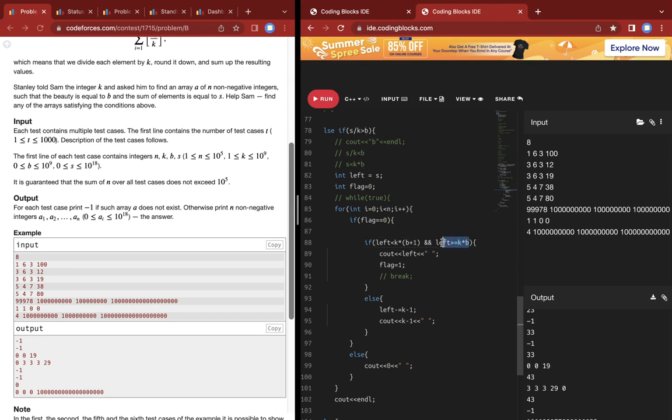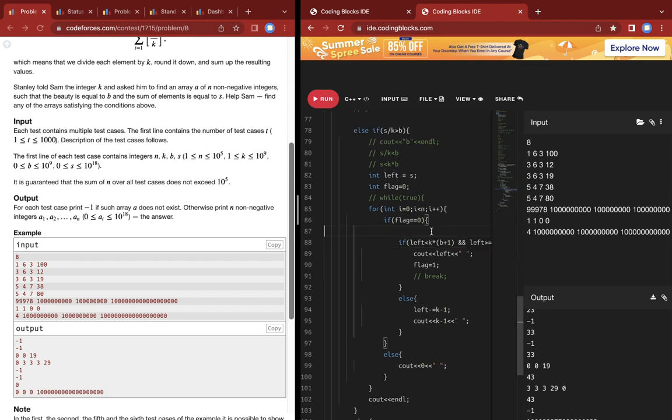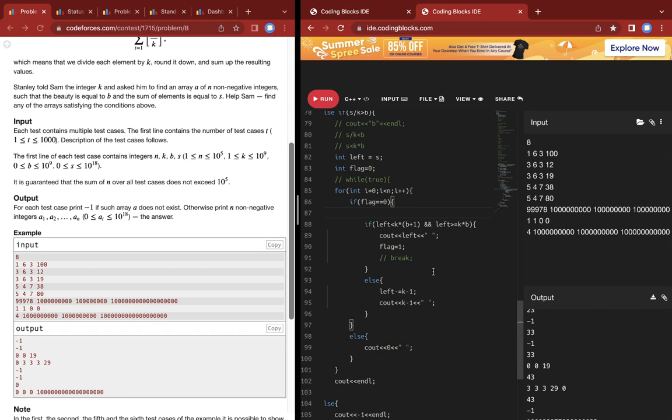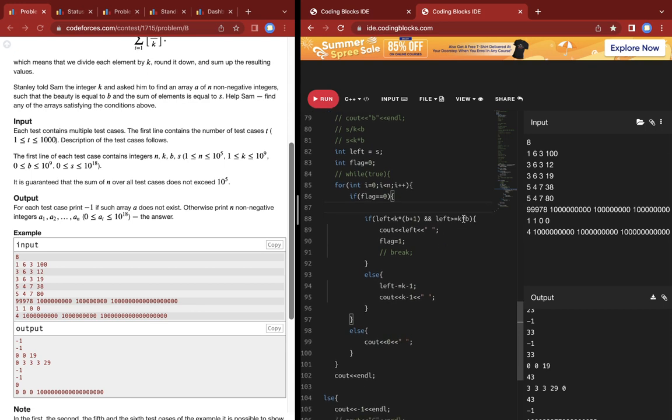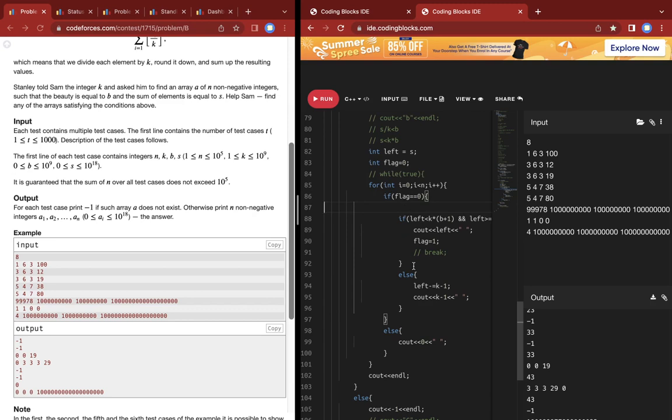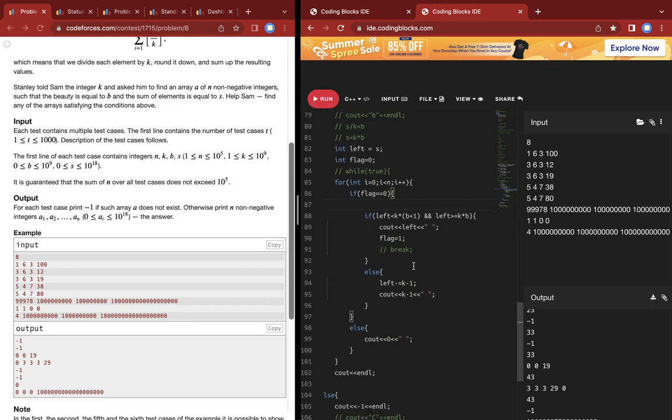Because this has always been the case. And what if we go smaller than that? We can't go smaller than that because we are decreasing by k minus 1.